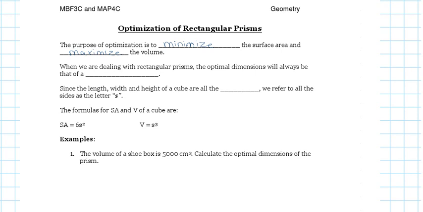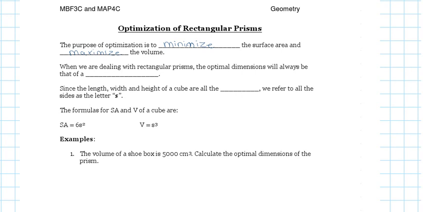Okay? So you always want to make sure that your surface area, remember that the surface area is the material that you need to use. How much material you need to use, that makes your surface area. So the least amount of material that you can use, the best. Okay? So you're minimizing the surface area, and you always want to maximize the volume.